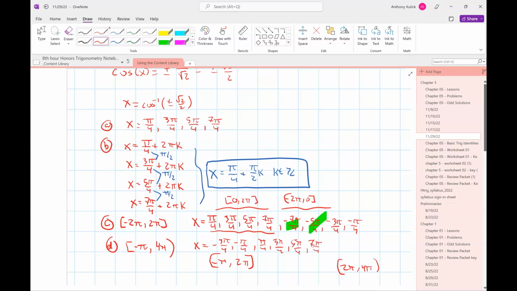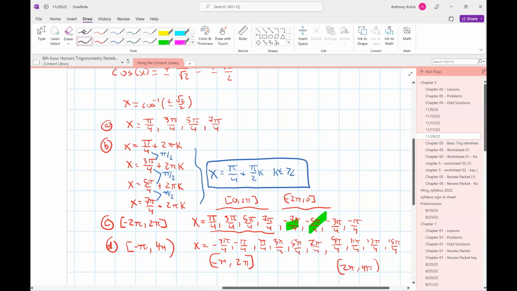It's all doing the same thing. So it's 9 pi over 4, 11 pi over 4, 13 pi over 4, and 15 pi over 4, and that would be it. Does that feel okay? Yes, thank you. Sounds like you are doing a good job already.